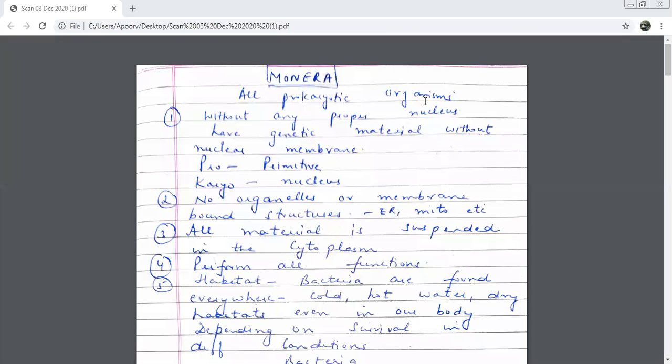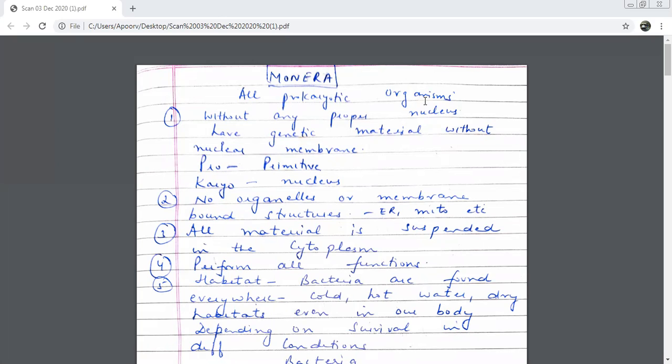Have you heard about or come across words like gram positive and gram negative bacteria? Yes, ma'am. You must have read about them somewhere. Did you try to find out what is the difference between gram positive and gram negative bacteria?